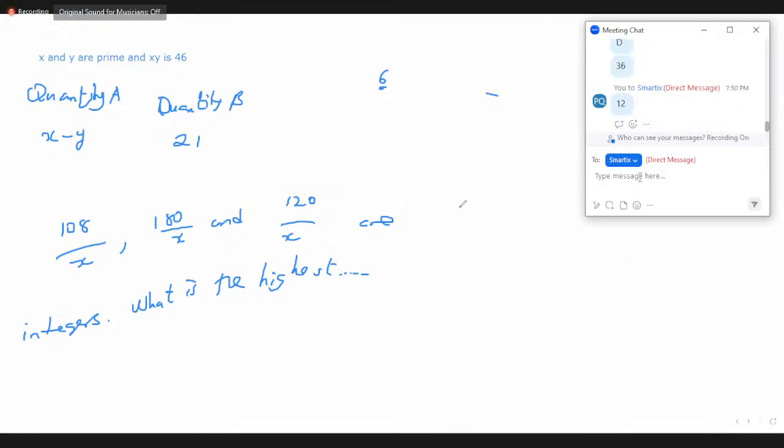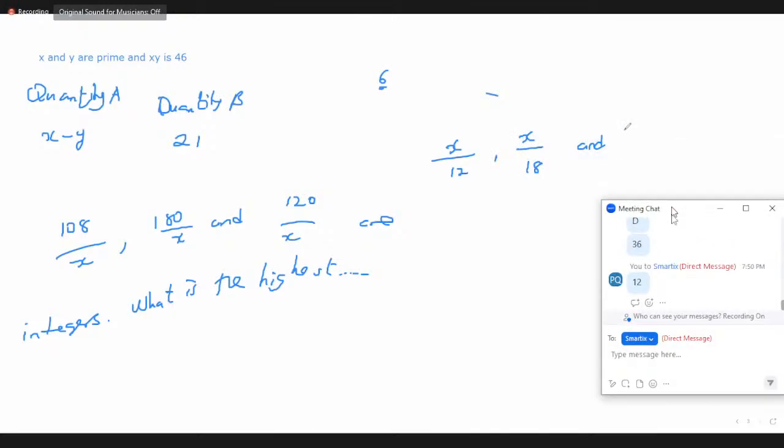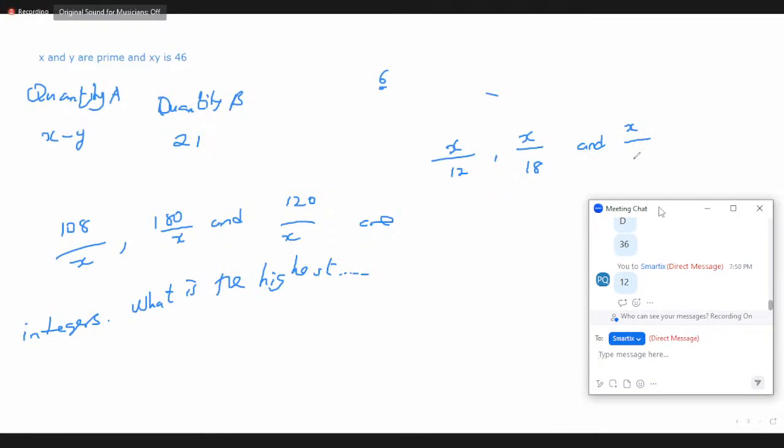All right, now LCM, similar. So x over 12, x over 18, and x over 21 are integers.